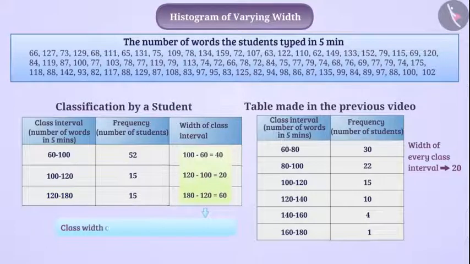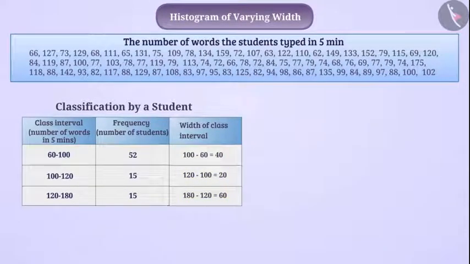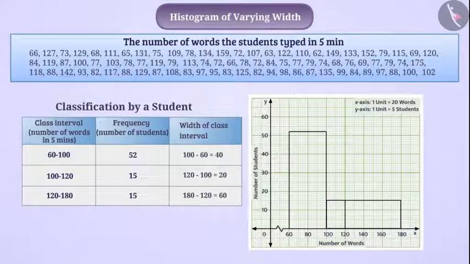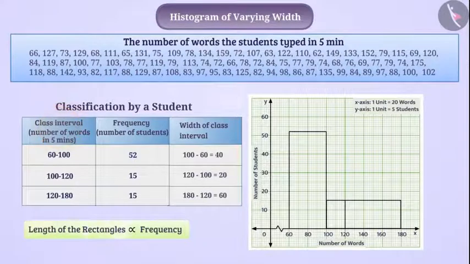Thus, the class widths are different in this frequency distribution table. In order to represent these figures, the student drew the histogram in such a way that the length of rectangles to be drawn for class intervals was proportional to frequency. Did he draw the correct histogram? Think.